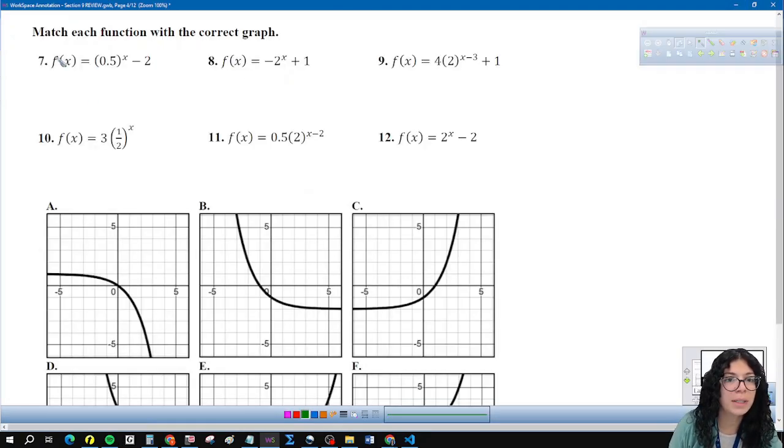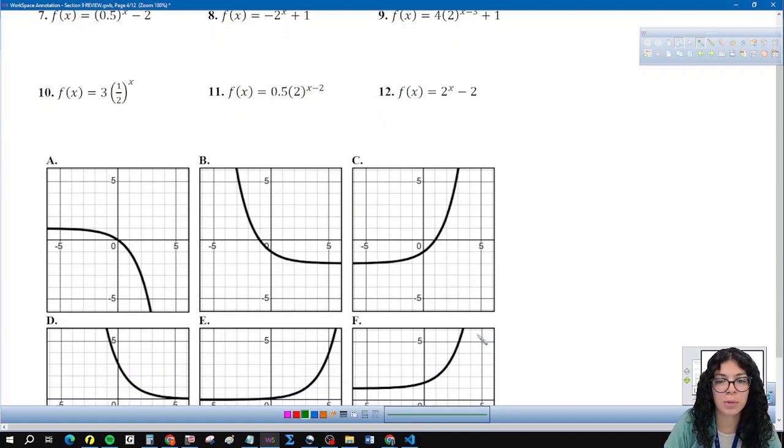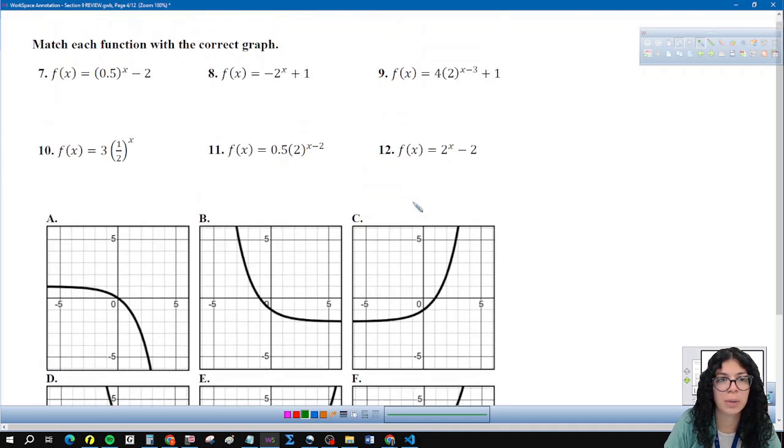All right, for number 7 and all the way through 12, actually, they want us to match the function with the correct graph. So we have some options here at the bottom, and we need to match them. So the best thing to do is try to think about the general shape of the graph and try to match it that way. So on this one, since the b factor is less than 1, this would be a decay.